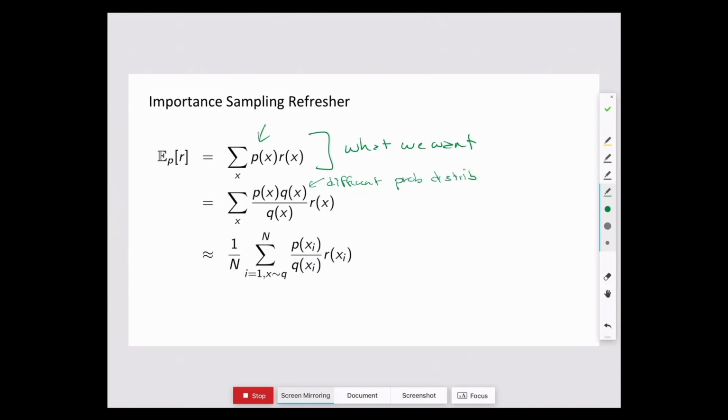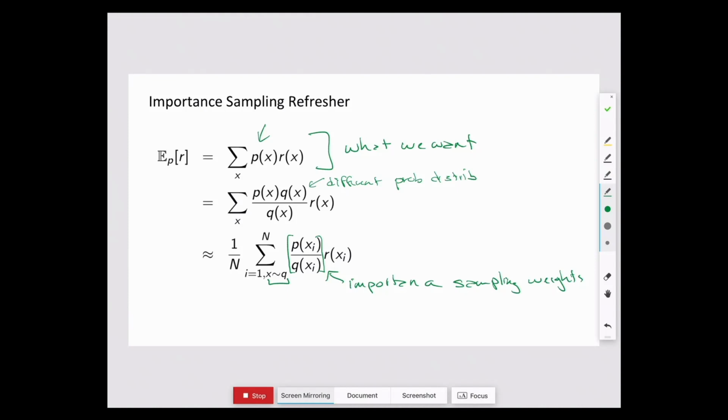So we're multiplying and dividing by 1. And then we can say, well, this is approximately equal to if I sampled points from this other distribution Q, and then I reweight them. So this is the importance sampling weights. So it's very simple and elegant, and it says if you want to get the expected value of a random variable under a distribution P, what you can do is approximate it by a set of samples.